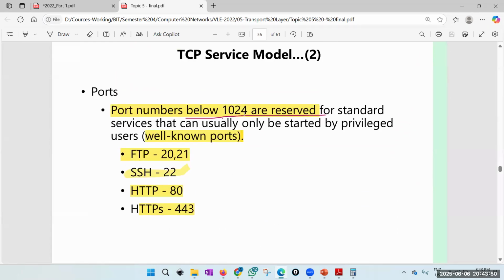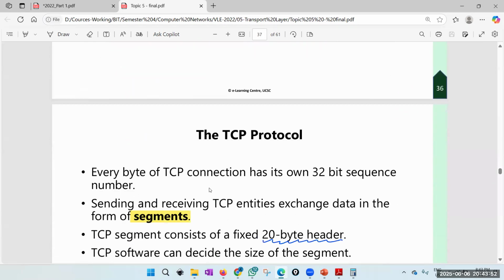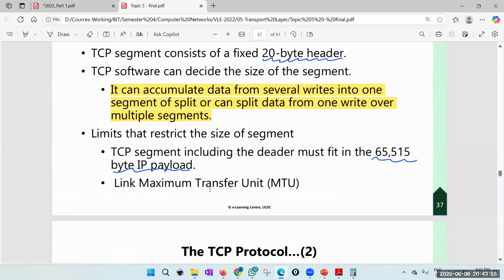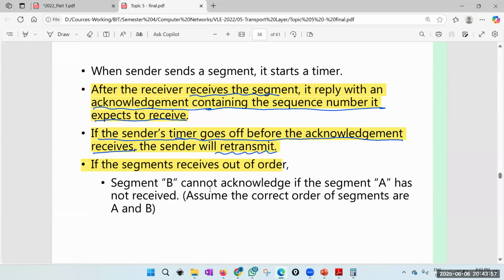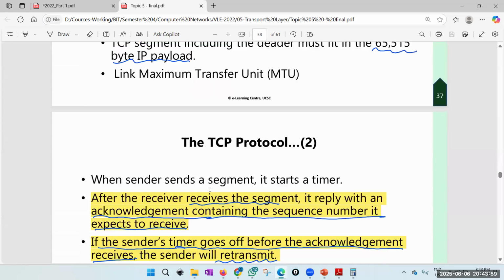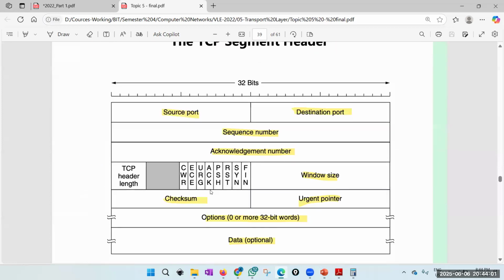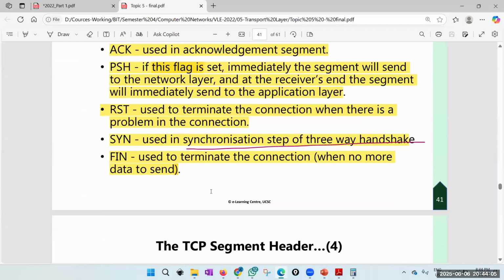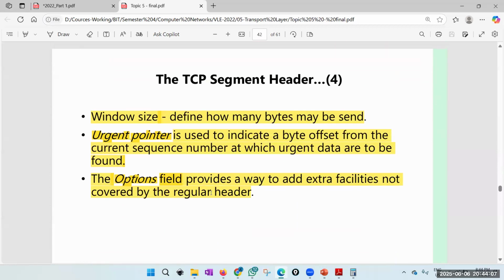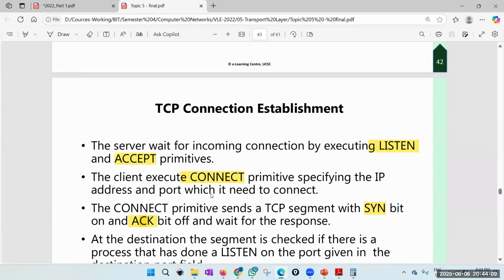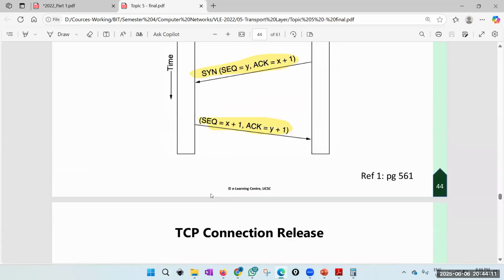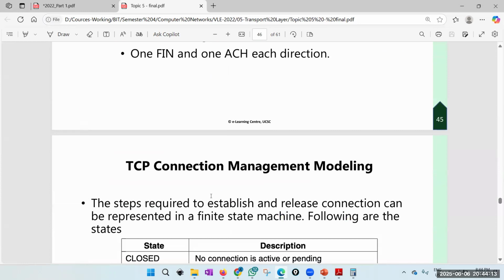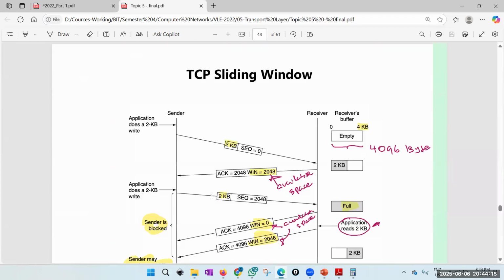Remember, below 1024 is reserved. Checksum, checksum, checksum. 1 bit flags. I think the UCSC note has not mentioned it specifically, but they have asked that.